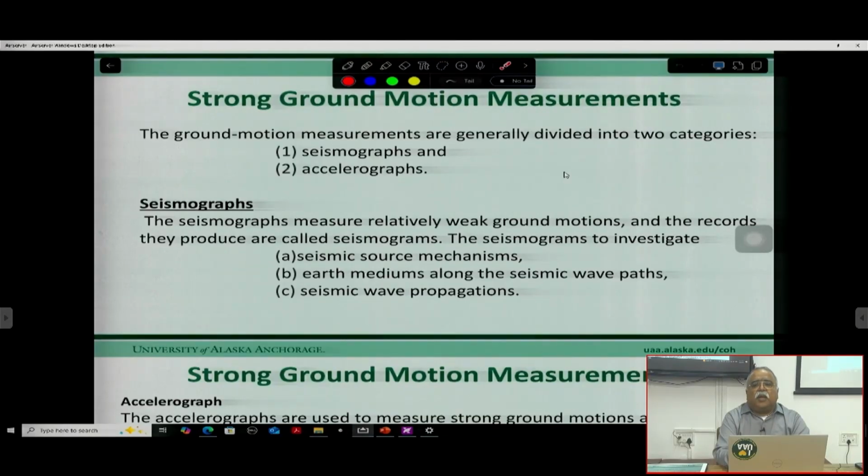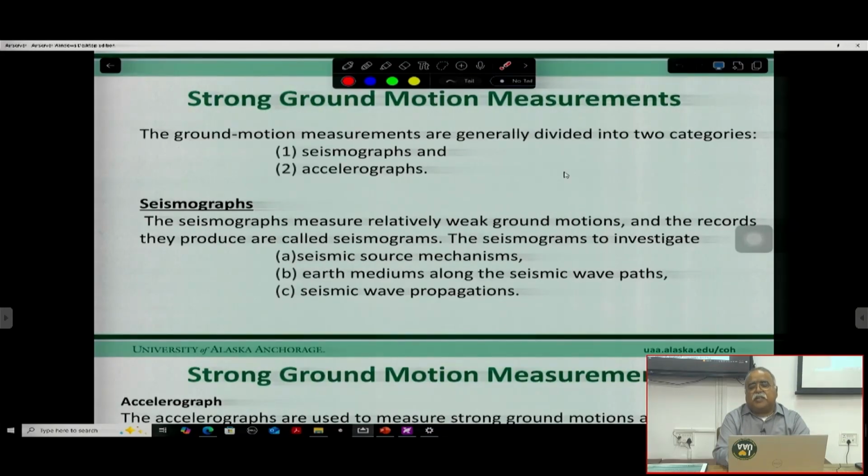So if it is of engineering interest, then the accelerogram is required, and that is what we call a strong motion equipment. So weak motion is a seismogram, or velocity sensors, and they are basically used for earthquake location type of problems. They are also used to calculate the source mechanism of an earthquake.